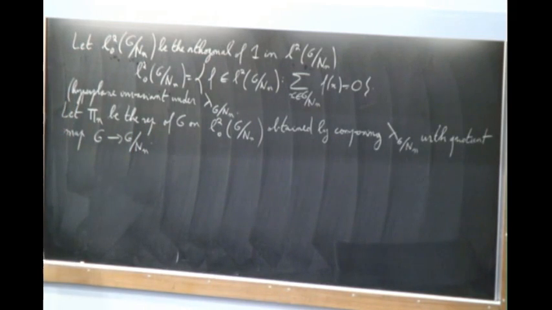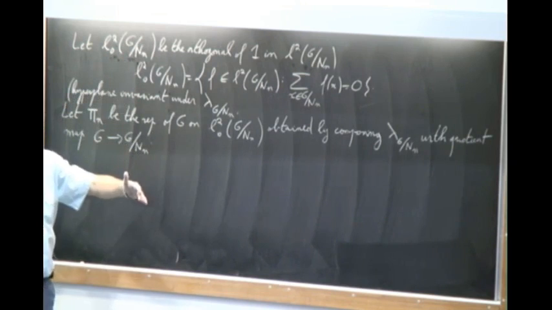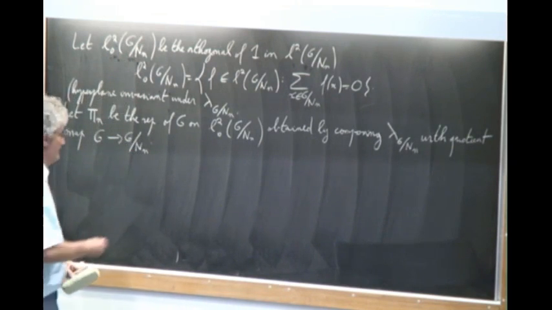Okay. And pi_n is a representation of G without non-zero fixed vectors, because the fixed vectors in L^2 of G/N_n are exactly the constants, and we killed the constants by taking the orthogonal.